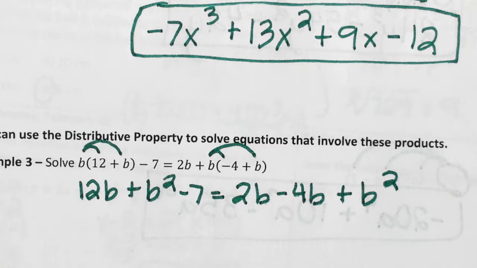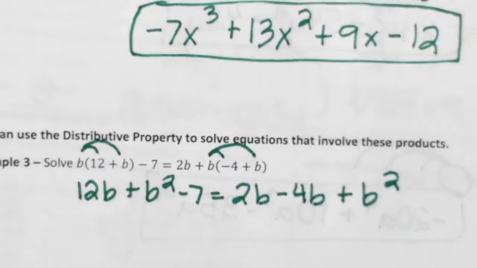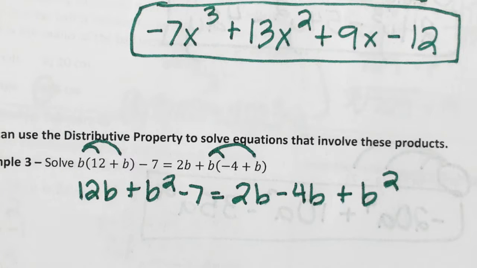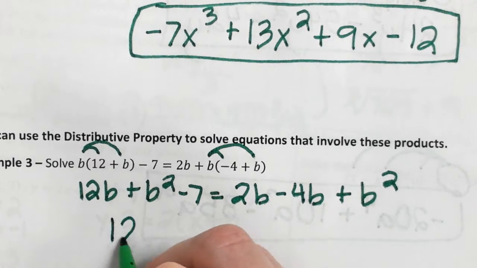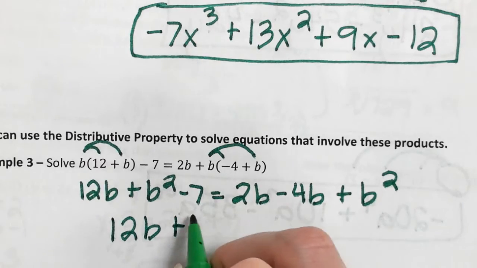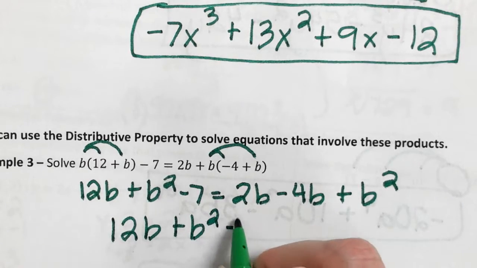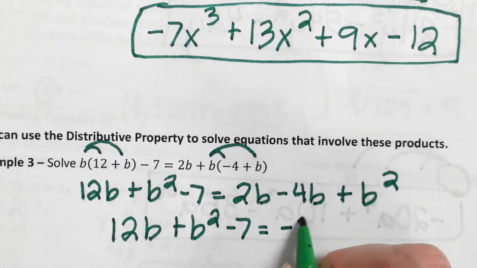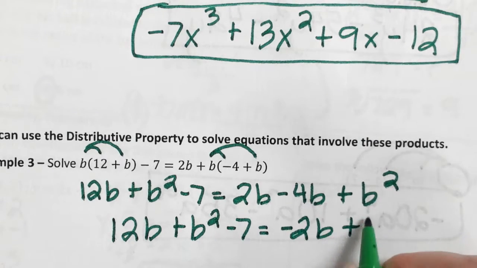So some of us forget this step. The next step should be look on the left side, see if I have like terms. If I do, combine them. Look on the right side, see if I have like terms. If I do, combine them. Okay, so what do I need to go ahead and combine? So now I'm going to make this 12b plus b squared minus 7 equals negative 2b plus b squared.